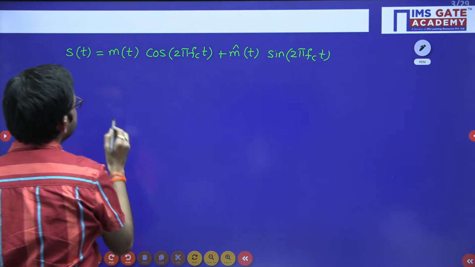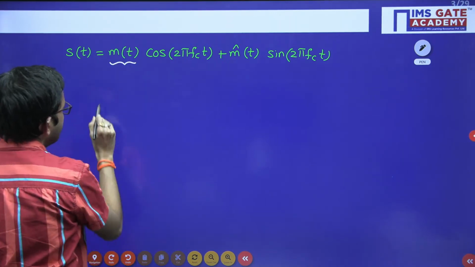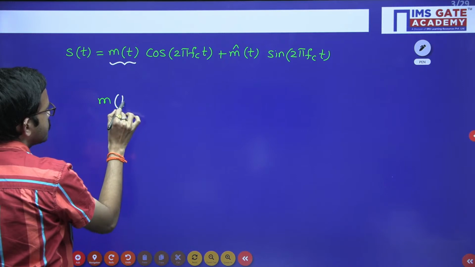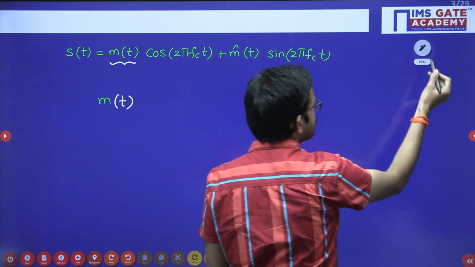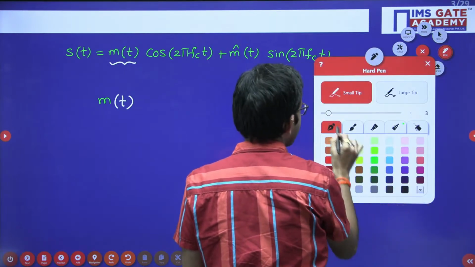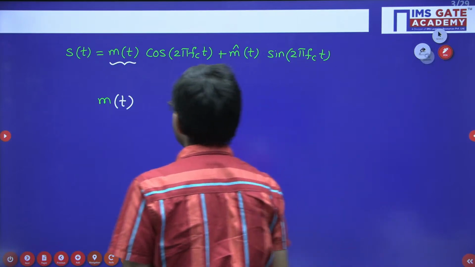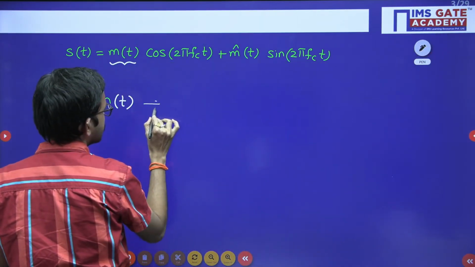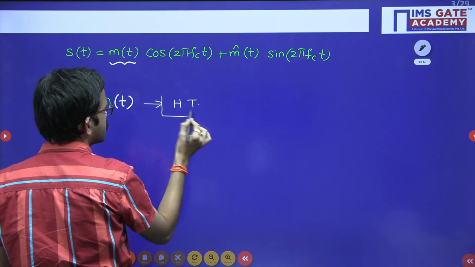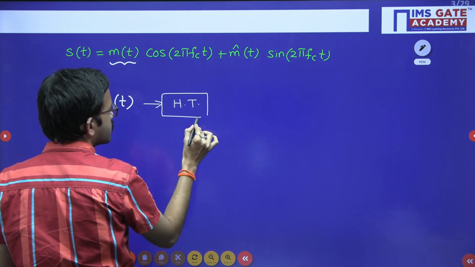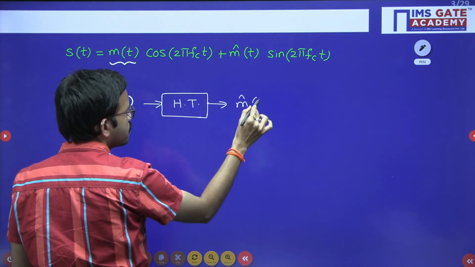So here you are having message signal m of t. If you are passing m of t through Hilbert transform, then you are going to get the signal m cap of t.